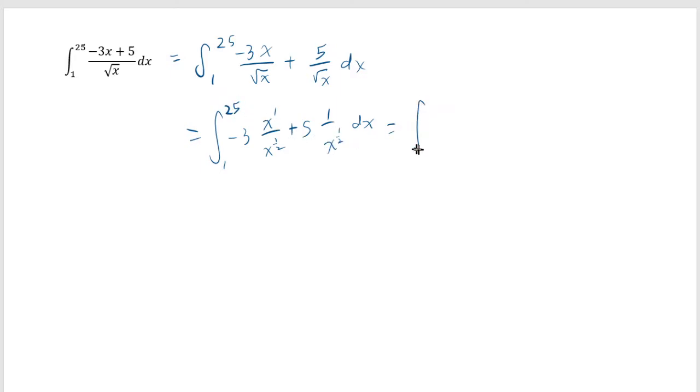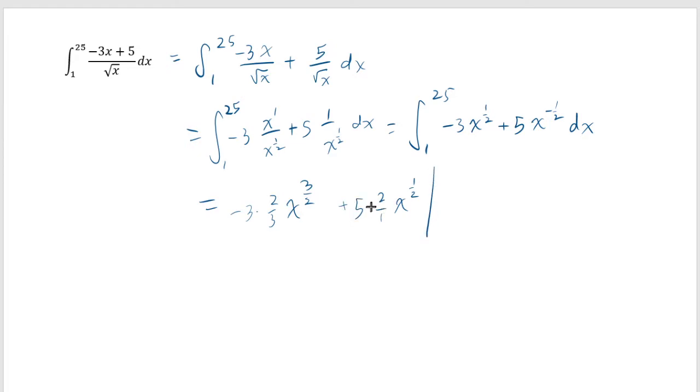And then we use the exponential rules. 1 minus 1/2 is 1/2, so it's negative 3 x to the 1/2 power plus 5 times x to the negative 1/2 power. Then you use the power rule, so you add 1, which is 3 over 2, put the reciprocal, 2/3. And then for this one you add 1, which is 1/2, put the reciprocal, which is 2 over 1.